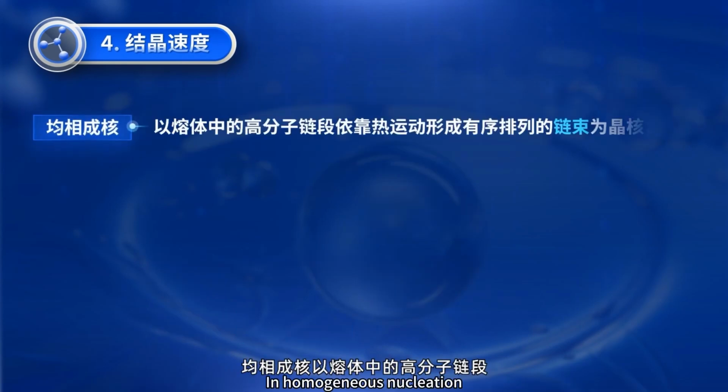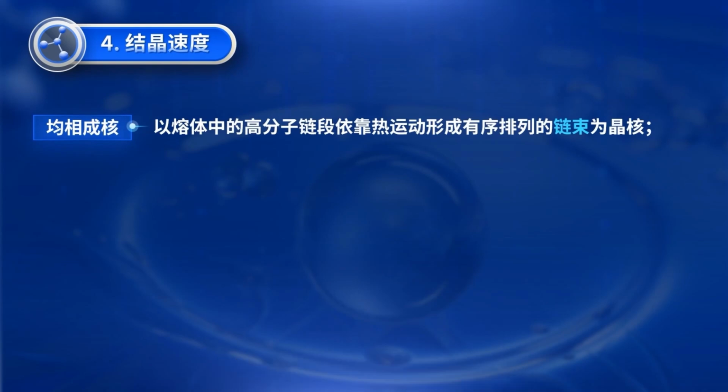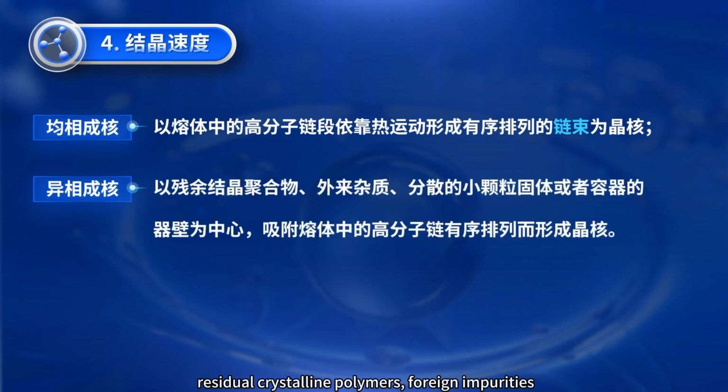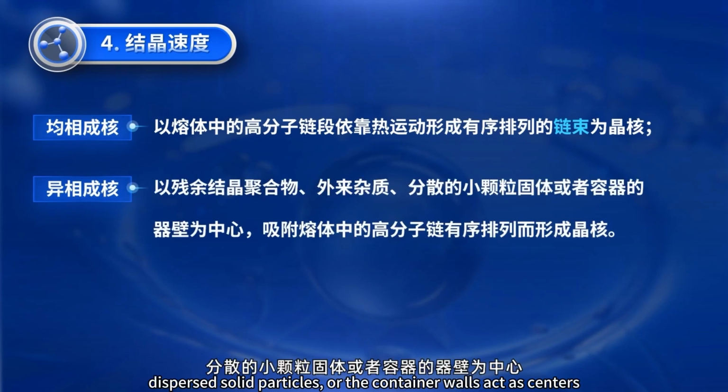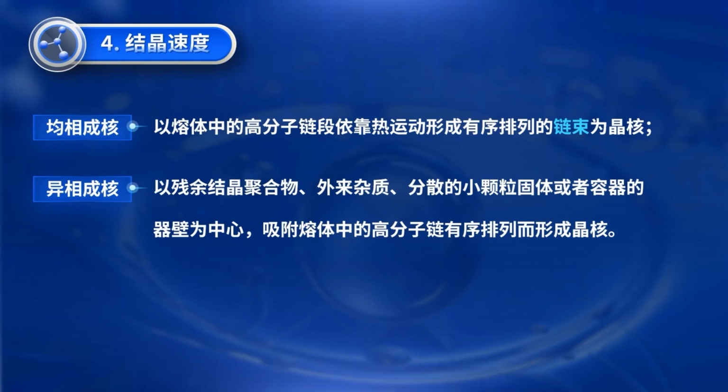In homogeneous nucleation, ordered chain bundles form within the polymer melt due to thermal motion, serving as crystal nuclei. In heterogeneous nucleation, residual crystalline polymers, foreign impurities, dispersed solid particles, or the container walls act as seeds, where polymer chains adsorb and arrange orderly to form crystal nuclei.